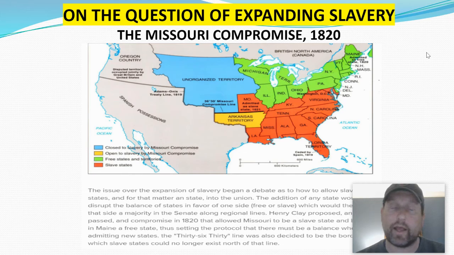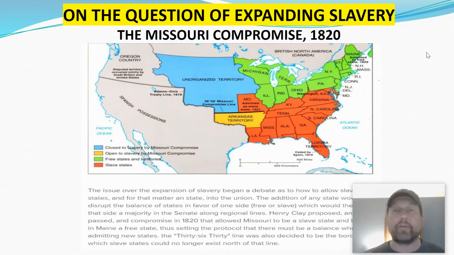And it's decided famously that the 36°30′, that's the 36 degrees, 30-minute line of latitude, is going to become the Missouri Compromise line.